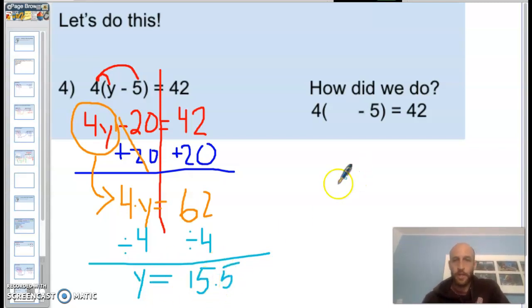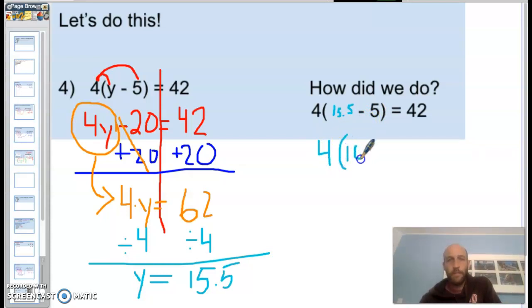I want to check to make sure it's right. So up here, I'm going to put that 15.5 where the y was. And I'm going to check my work. So 15.5 minus 5, that is 10.5. And you notice that I've kept the 4 there.